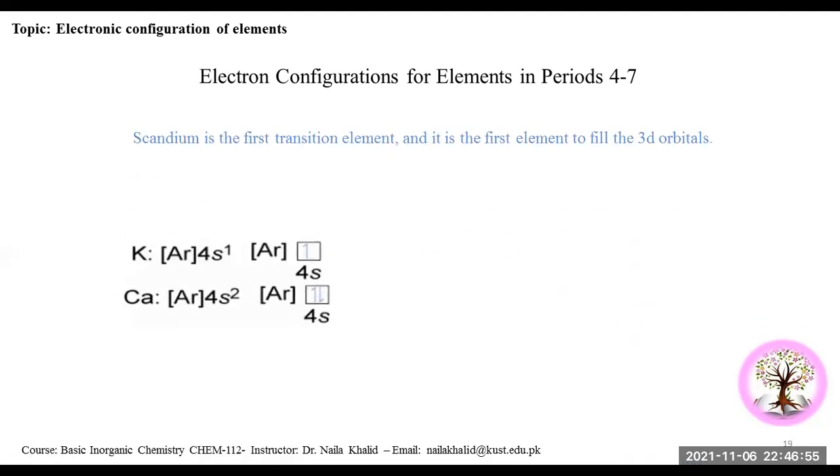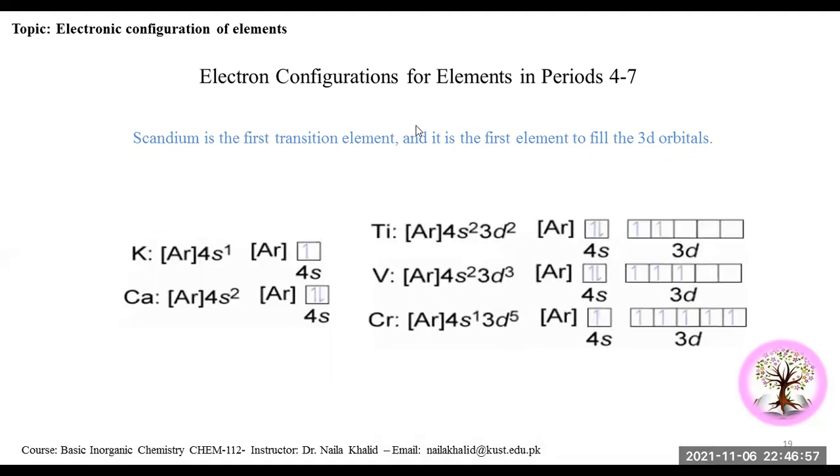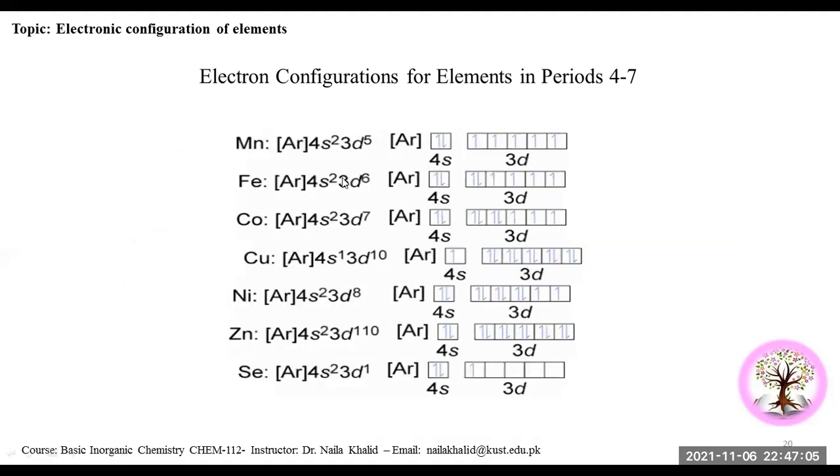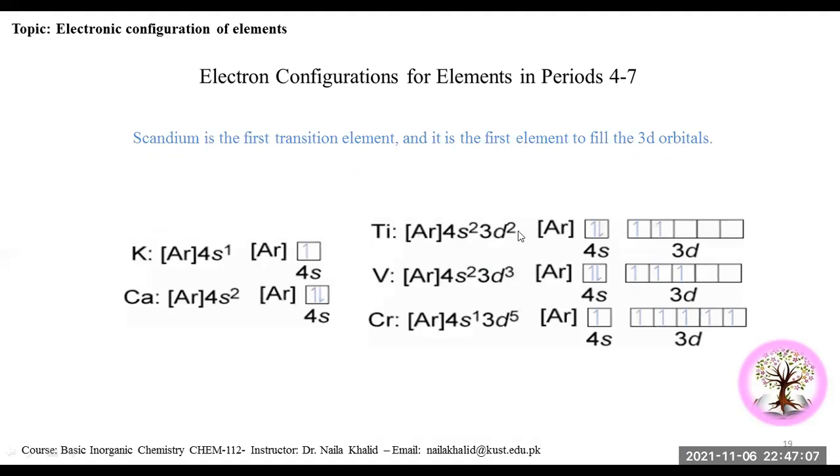In case of transition elements, scandium is the first one, and the first 3d orbital will come in this one, and then you will write over here various electronic configurations for transition elements like titanium, vanadium, chromium. Each is represented over here.